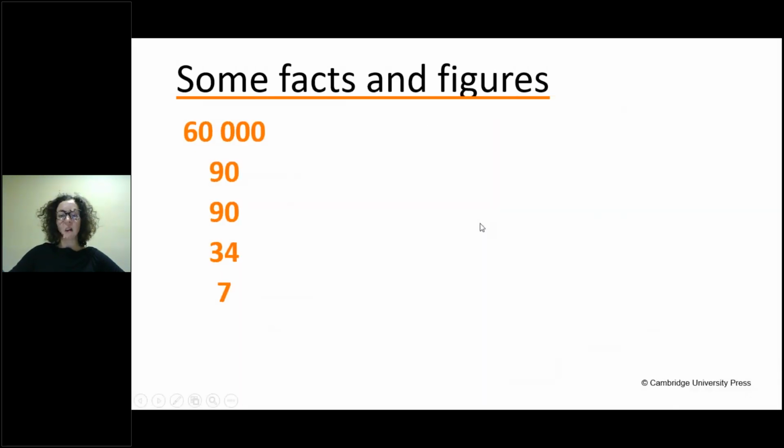Before we go to that, I made some research and I would like to share some facts and figures. You can think what these figures represent, and I will show you what they represent. What can that be? 90%, maybe 90 days? If I get any answers, that would be nice.